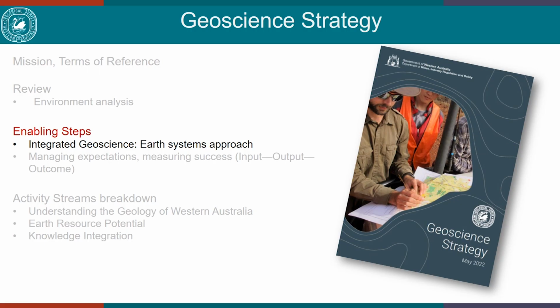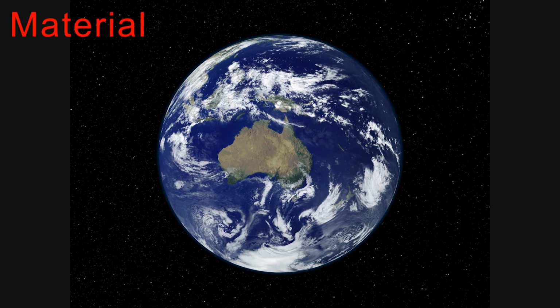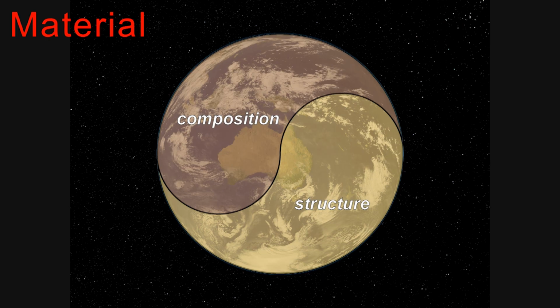So one way of doing this is to understand the Earth as a system. One way to look at the Earth is to look at what it's made of. And this is rocks and minerals. So trying to understand the material, the composition, and the structure, and preferably both. So this helps us to say, what is it?